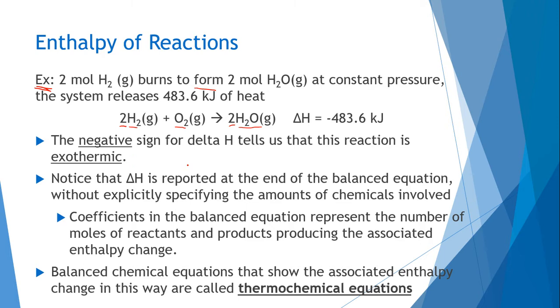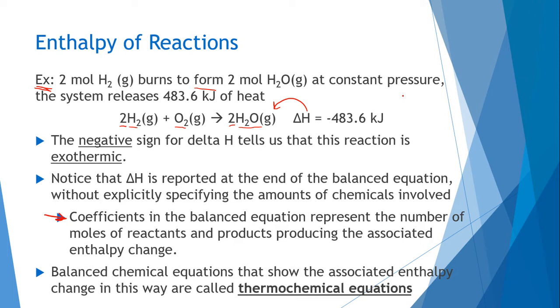And then I also want you to note that this delta H value has to go to this reaction. It does not specify explicitly the amounts of chemicals involved. So it doesn't tell you specifically that I had 15 grams of this or 5 grams of this. What tells me my numbers is my coefficients. If I look at that balanced equation, those coefficients represent the number of moles for reactants and products that are produced.